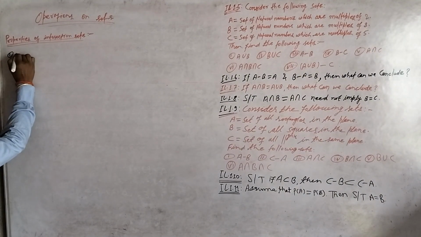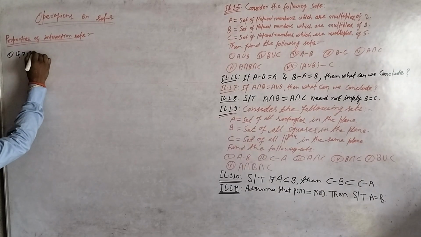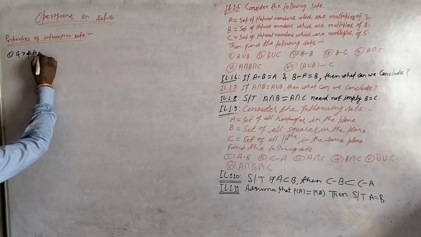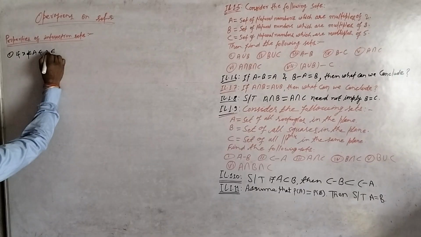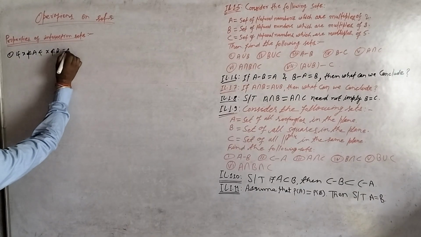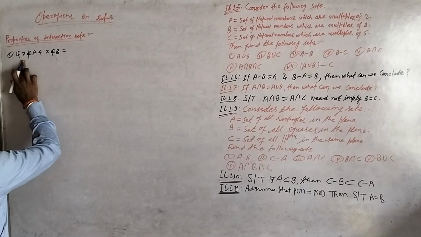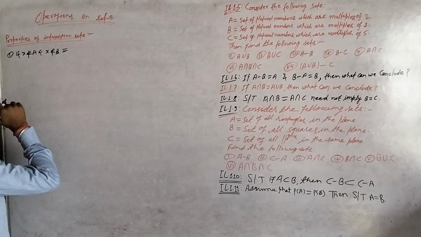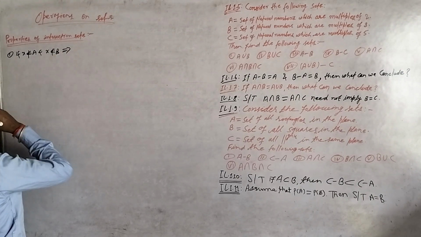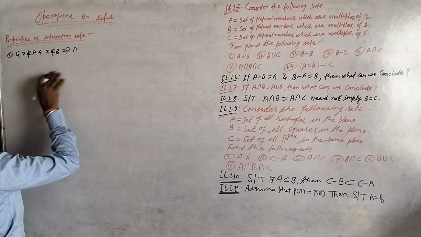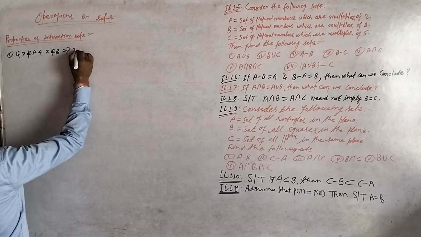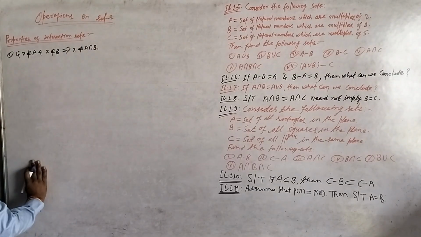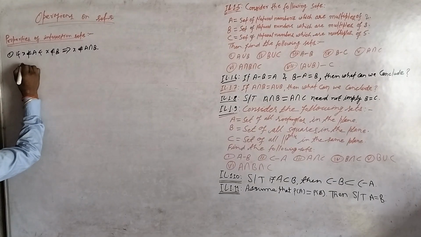The first property: if x naught does not belong to A and x naught does not belong to B, that means x naught is not present in A and B both, then x naught also does not belong to A intersection B. This is in general form.